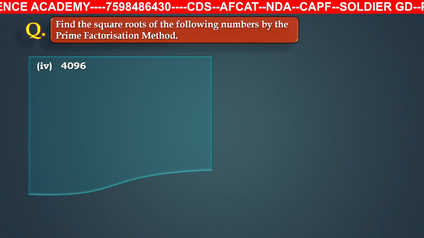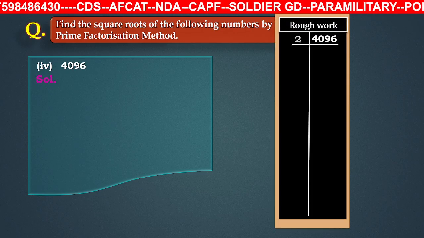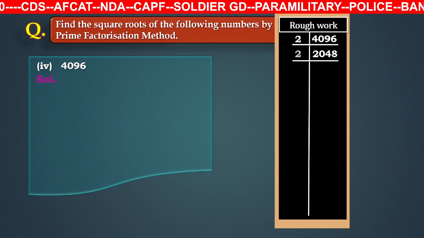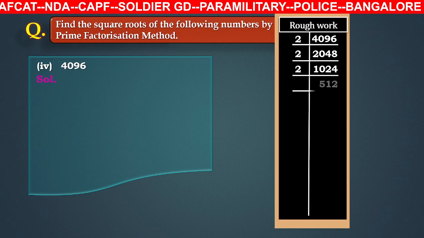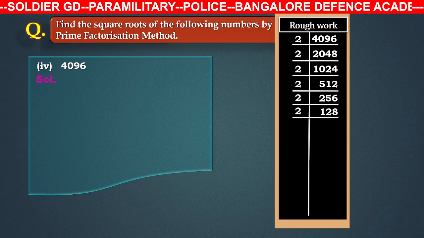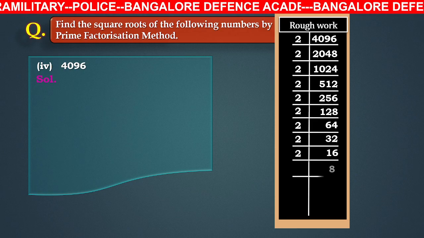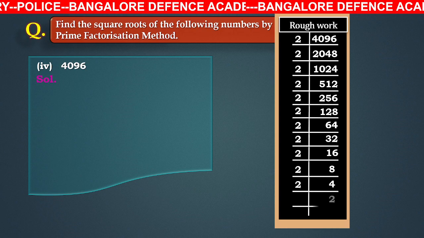Next, let us try to solve 4096. Here let us do the rough work. I'll divide by 2, I get 2048, then 1024, then 512, then 256. If I keep dividing it by 2, finally the division will stop when the remainder is 1.